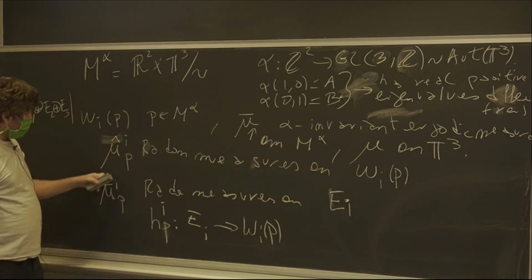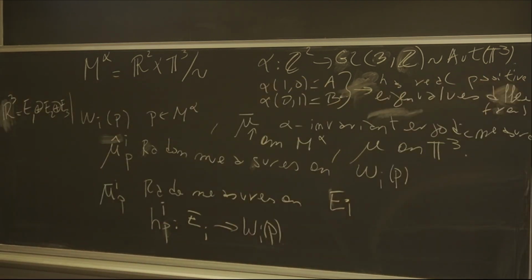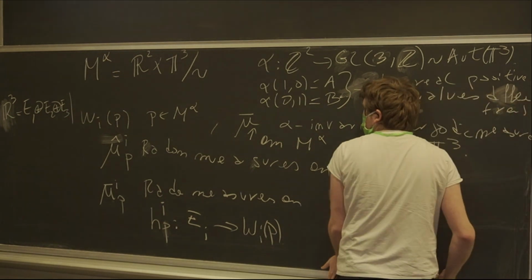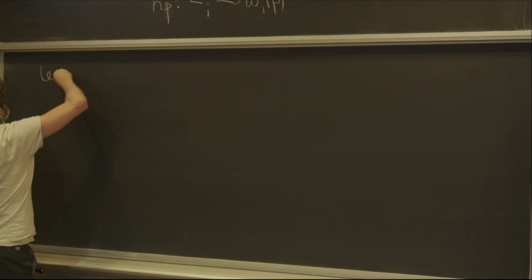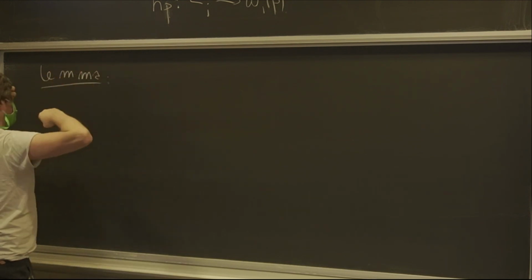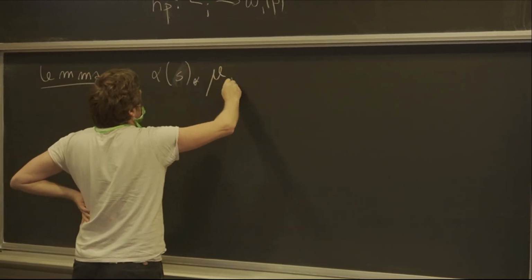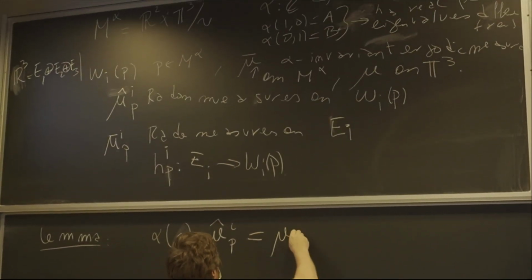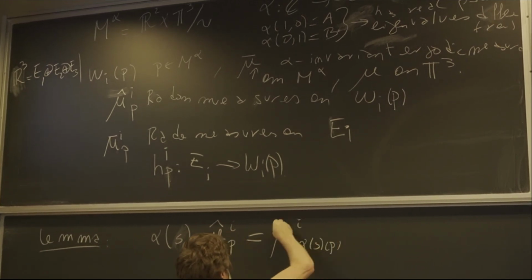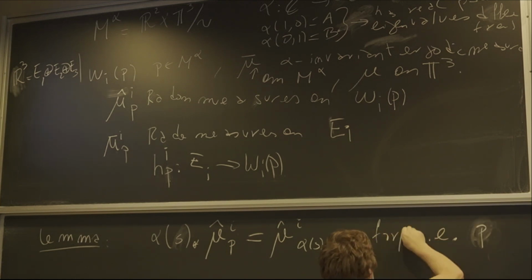So the outcome of this uniqueness is a very important property: α_s star μ_p hat is μ_{α_s(p)} hat for almost every p, μ-almost.